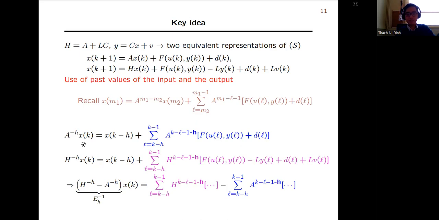Very simple. We just need to multiply both sides by the invertible matrices of A and S to the power S.